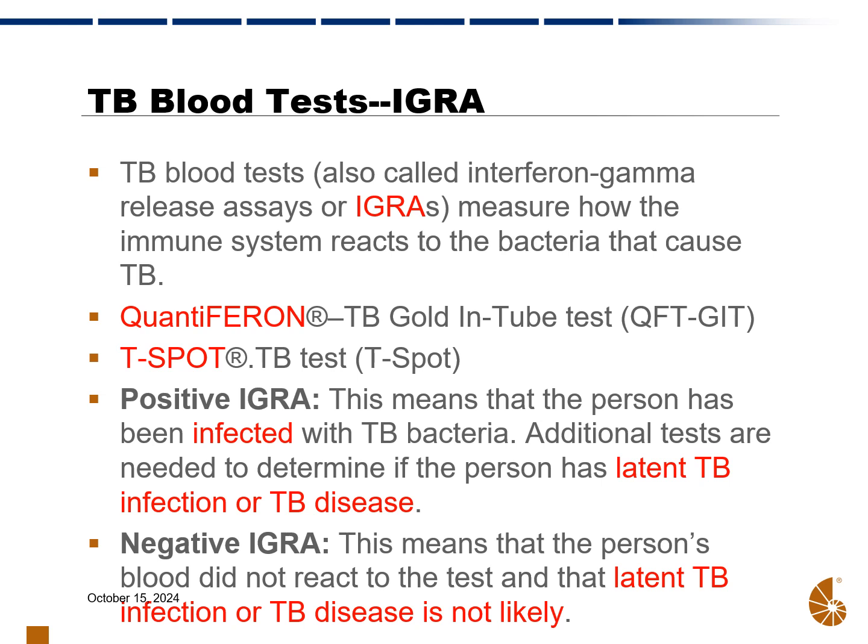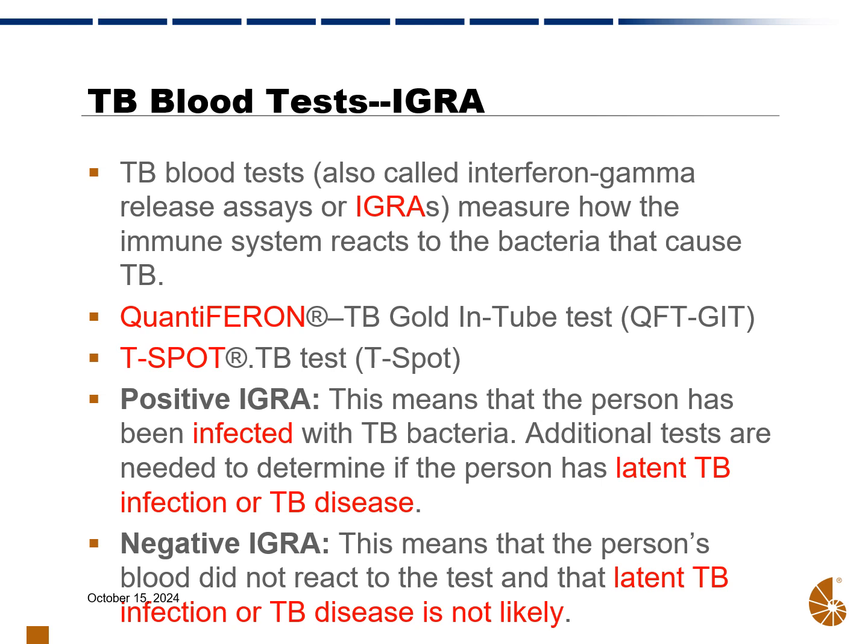There are also blood tests that can be done to see if somebody has latent TB infection. They're called IGRA tests, which stands for interferon gamma release assay. It measures how the immune system reacts to the bacteria that causes TB. The typical one we see used when we look at an APS is called the QuantiFERON-TB Gold test.